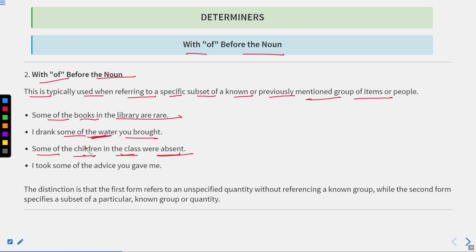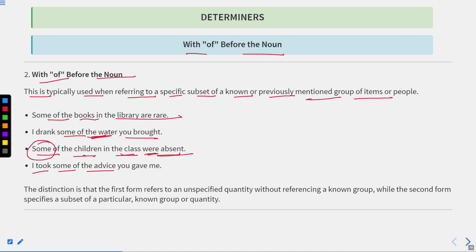Suppose there are 50 children and I'm saying some of the children, maybe I'm talking about 20. Obviously, the quantity which I'm picking from there is also plural. That is why we always use a plural verb with it. So some of the children in the class were absent, because this some is also plural.